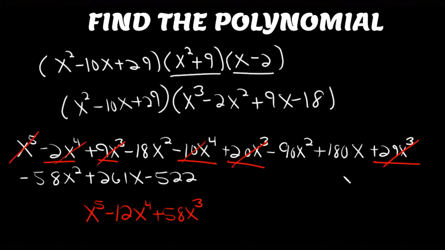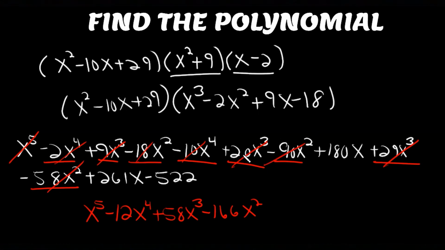Now I move on to x squared. I have a negative 18x squared and a negative 90x squared and a negative 58x squared. So when you end up combining all that, you should get negative 166x squared. Okay, so that is done.